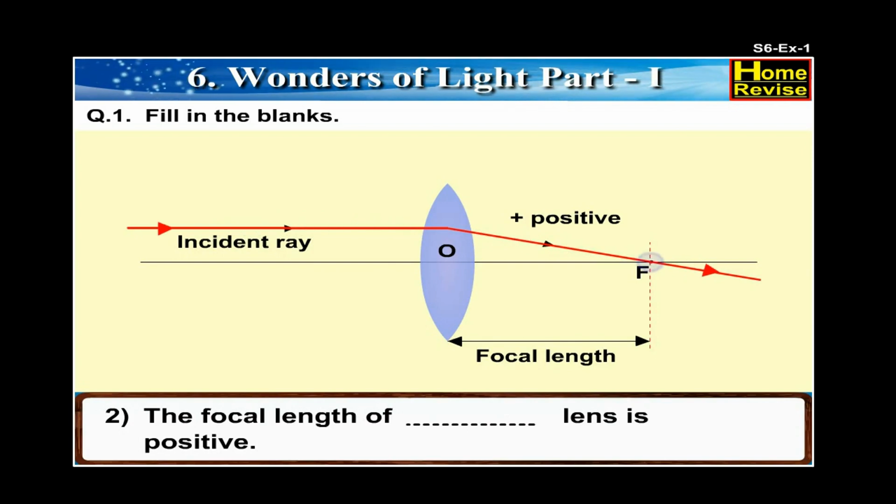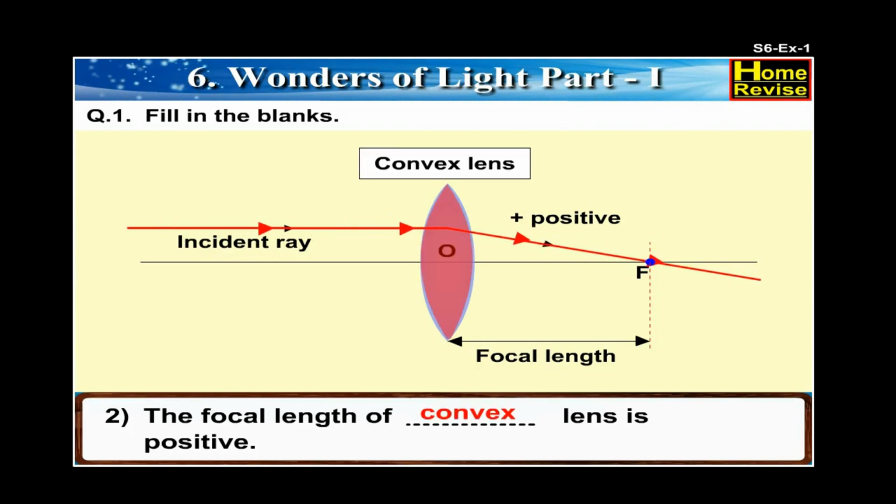The focal length of dash lens is positive. The answer is the focal length of convex lens is positive.